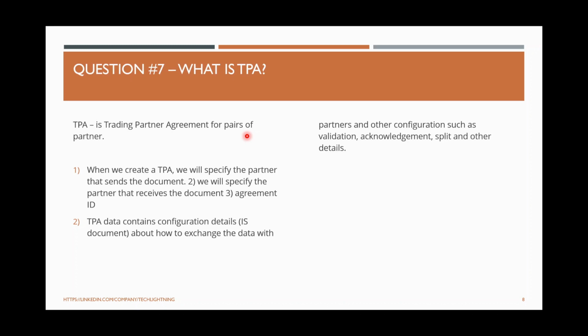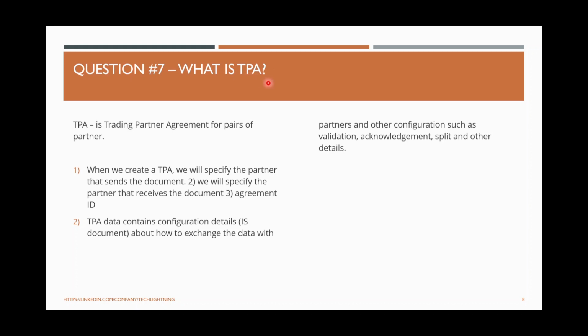If there is any set of configuration I want to define between myself and that particular partner, in the TPA I can select my IS document type and configure anything related to processing. Before processing, if I want to check anything for my specific partner agreement, or configure some kind of configuration, I can configure it in this TPA. So mainly it is used in the EDA TPA.